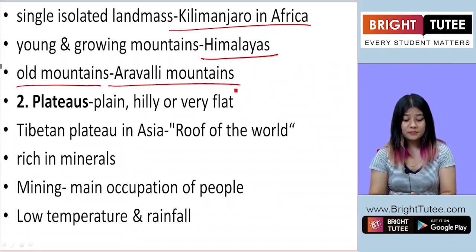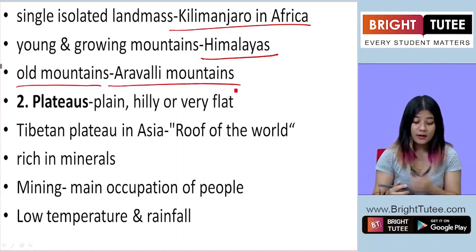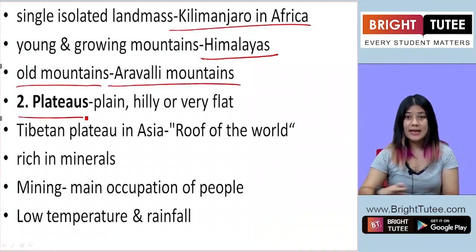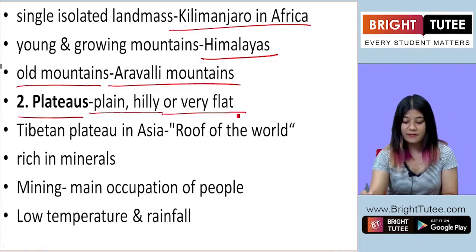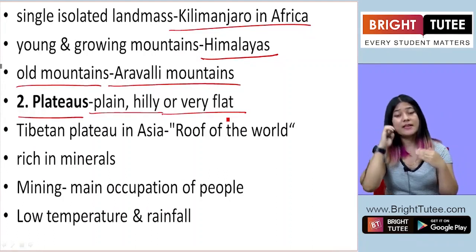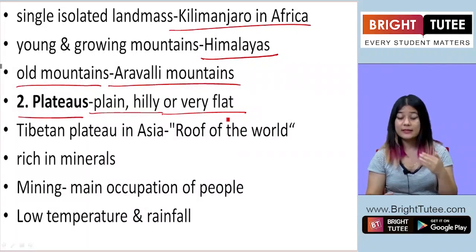So, another kind of major landform is plateaus. Plateaus are basically land masses which are plain, hilly, or very flat. They are not mountainous. They are not 900 meters above the sea level. They are not that high.